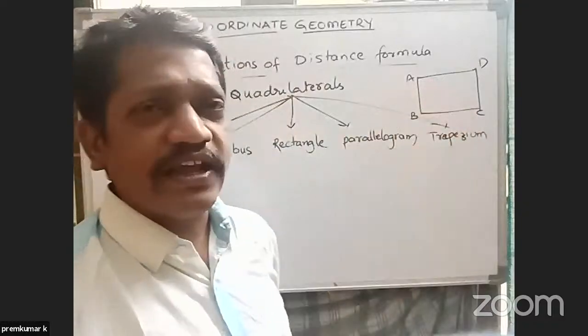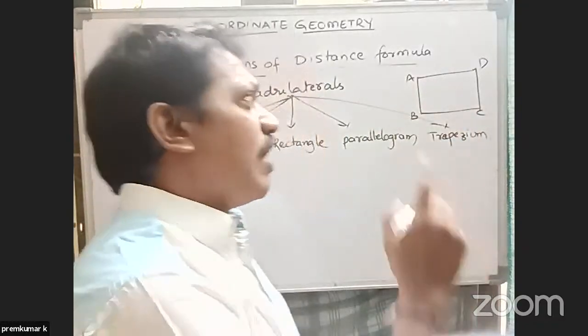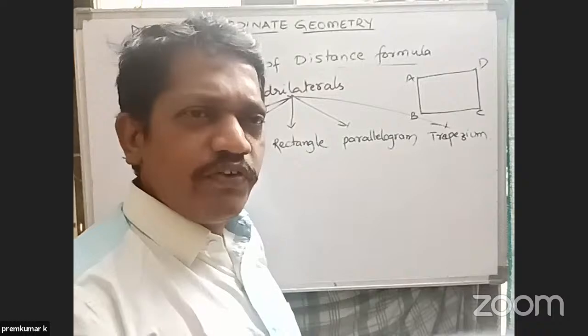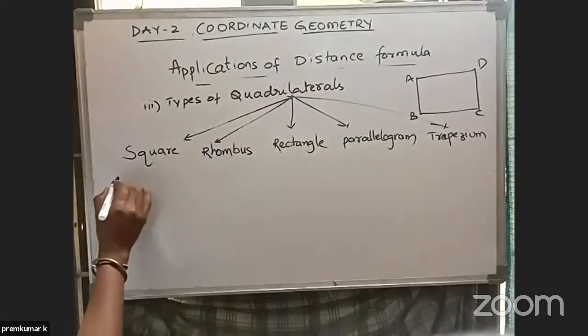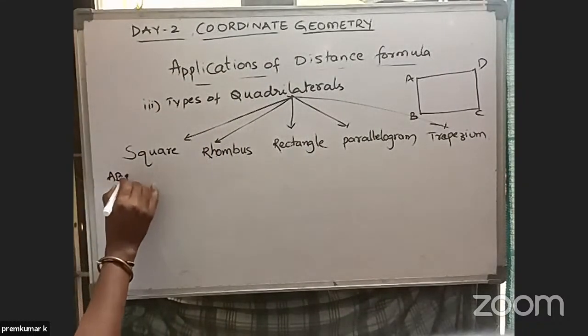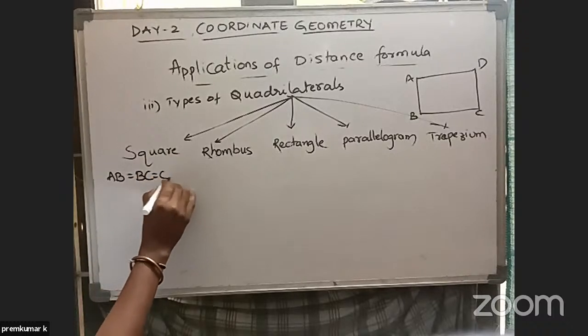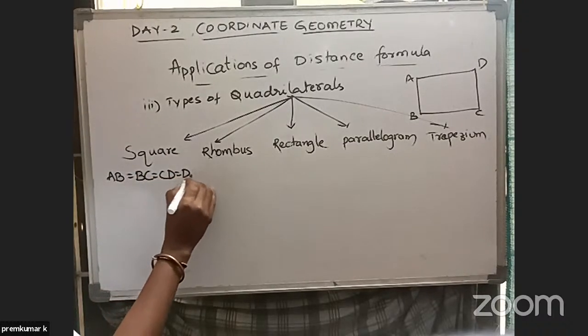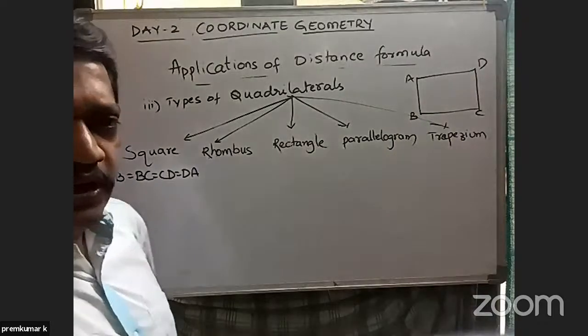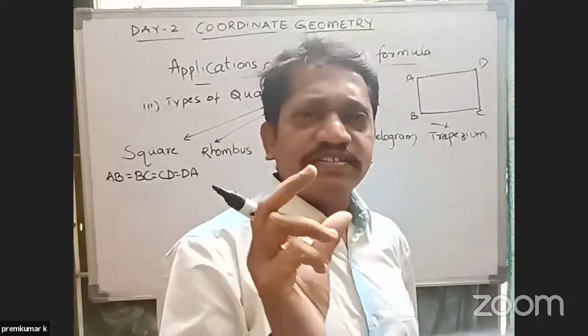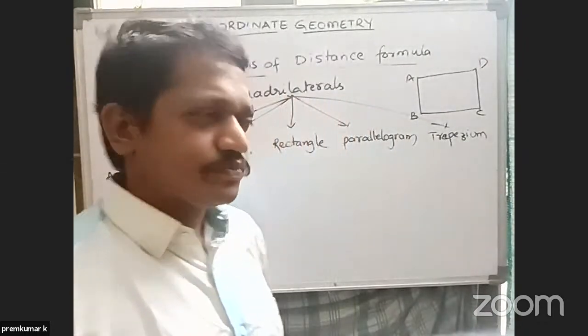After finding the distances, we will check. Here, square means AB is equal to BC is equal to CD is equal to DA. In a square, all the sides are equal.